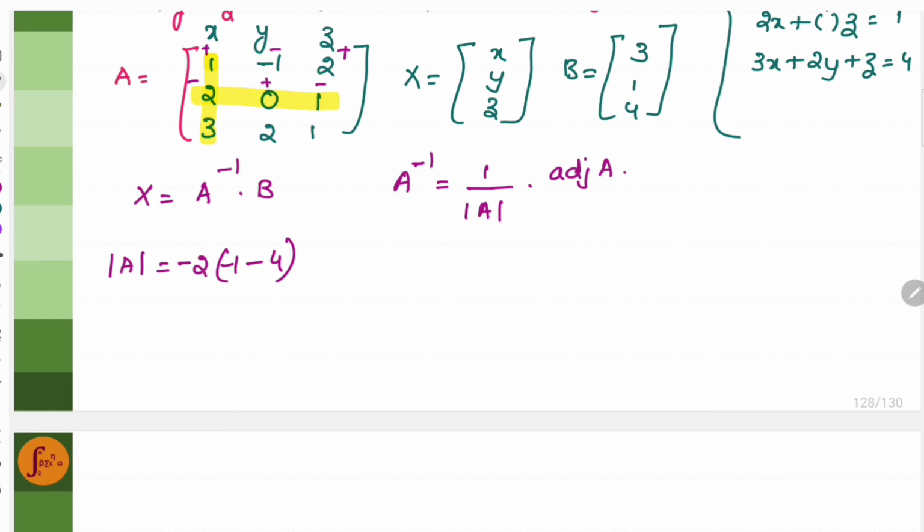So it's minus 2. The next element is 0, let's ignore it. The third element is 1, with a minus sign, so minus 1 into 2 minus 3 into minus 1. 3 into minus 1 is minus 3, and minus is plus, so plus 3. So we get minus 5, 5. So 2 into 5 is 10, minus 5. So we get 5 as the determinant.